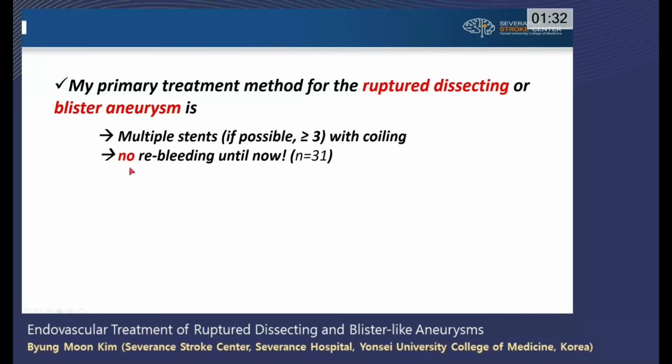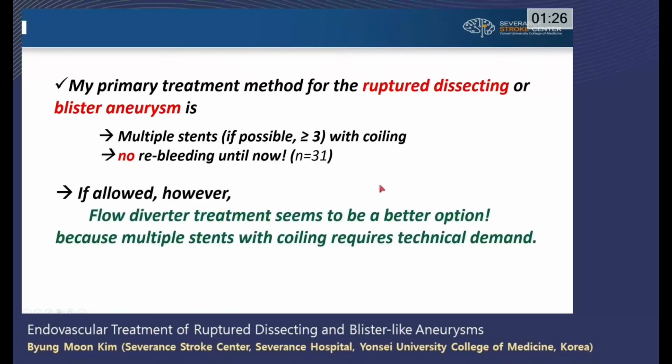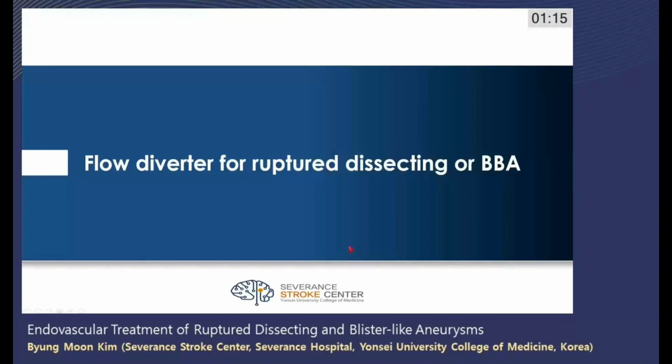So far, there has been no rebleeding. However, if allowed, flow diverter treatment seems to be a better option nowadays because multiple stents with coiling may require higher technical demand.